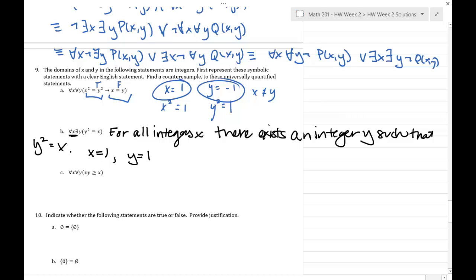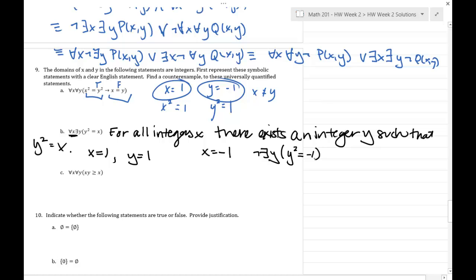So let's try another integer. Let's try a negative value, x equals -1. Well, I know that any integer that I choose and square, it's always going to be positive. So there does not exist a y such that y squared is equal to -1.